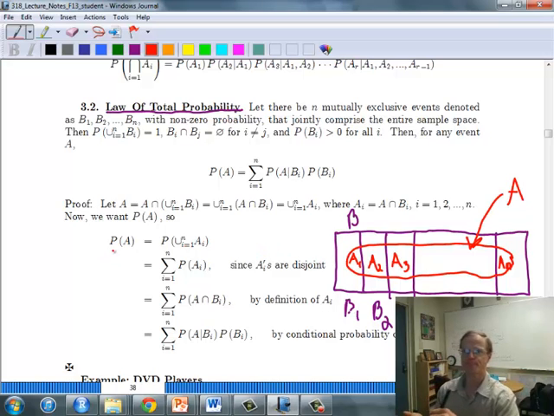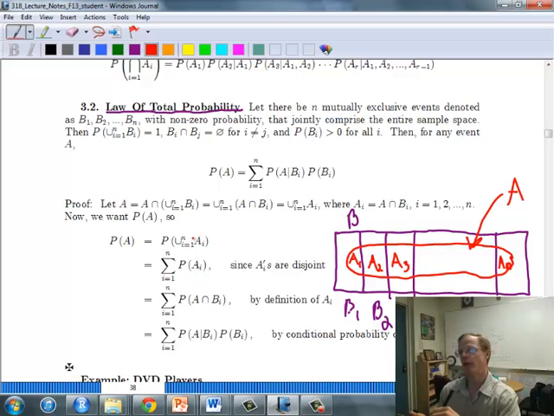Here's the proof. We start off with probability of A is the probability of the union of all n parts of A. We can visibly see that they're mutually exclusive. When we combine them all, it gives us exactly A, and so the probability of both should be the same.